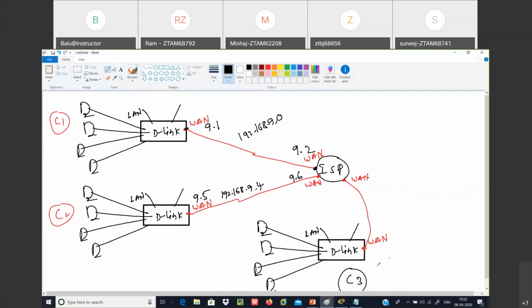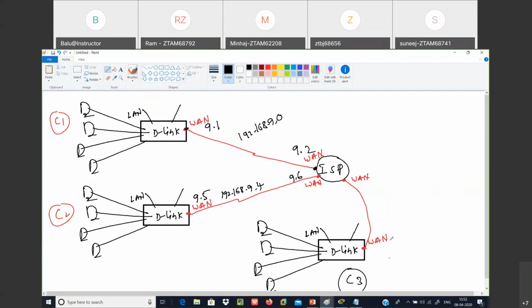For customer 3, can you use 9.7? No, 9.7 is what? Broadcast ID. Okay, 9.8 you can use? No, 9.8 is also the network ID.